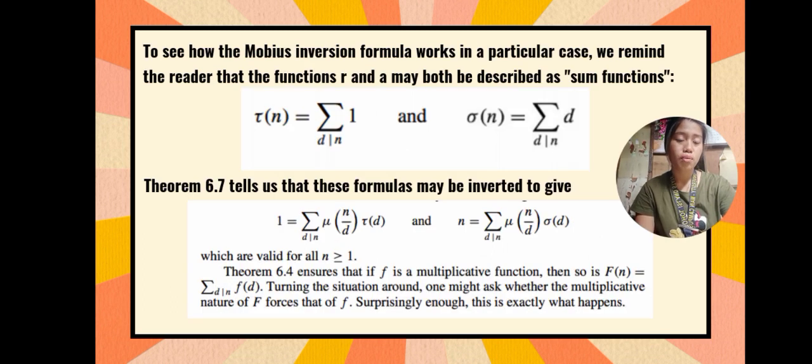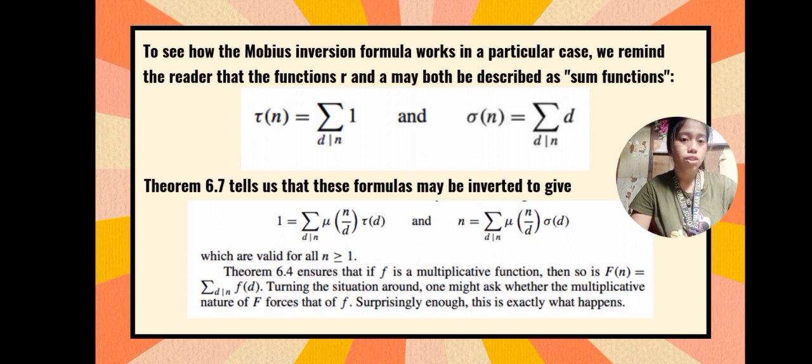To see how the Möbius inversion formula works in a particular case, we remind the reader that the functions τ and σ may both be described as sum functions, where τ(n) is the summation of 1, with d dividing n.